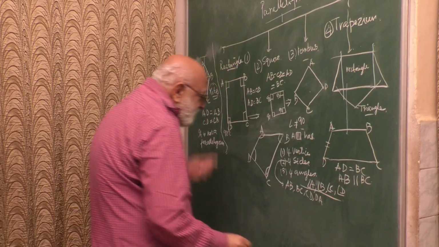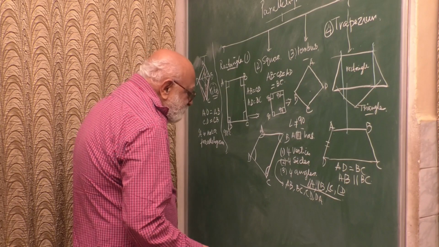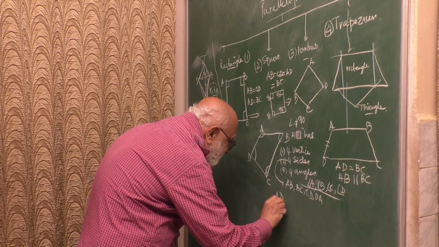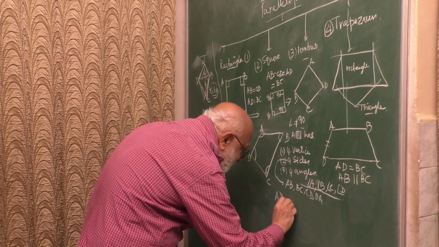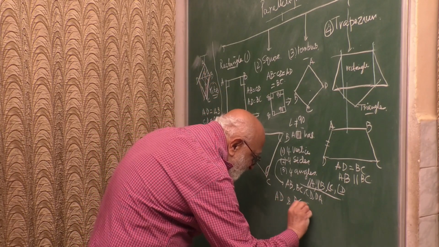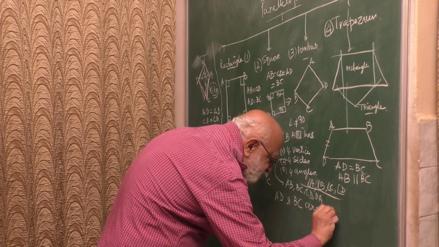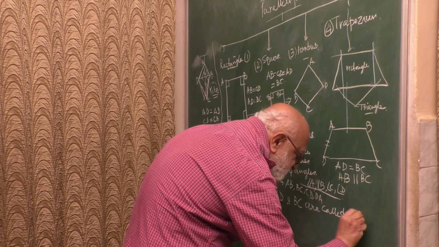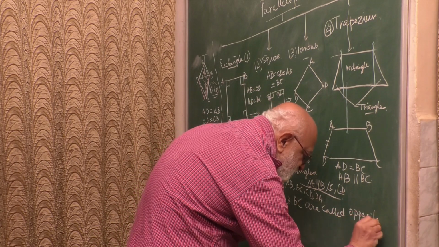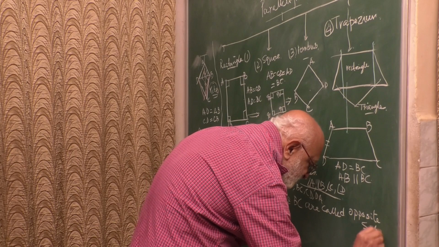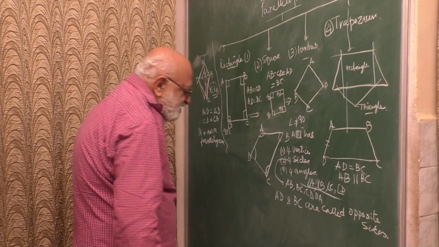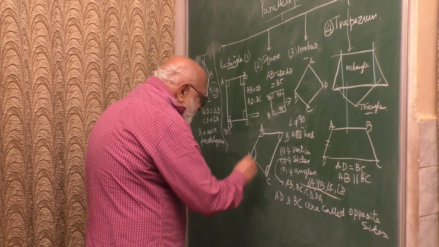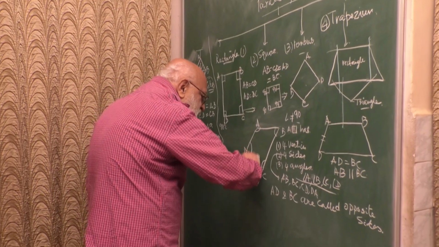Okay, now AD and BC are called opposite sides, because they are opposite to each other.